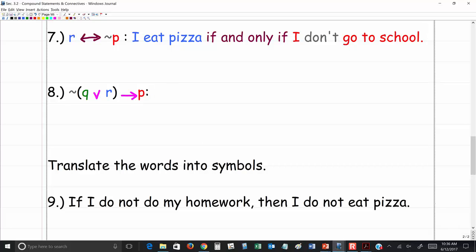All right, so let's see. This one, we have not Q or R. If not Q or R, then P. So if I don't do my homework or eat pizza, then I go to school.